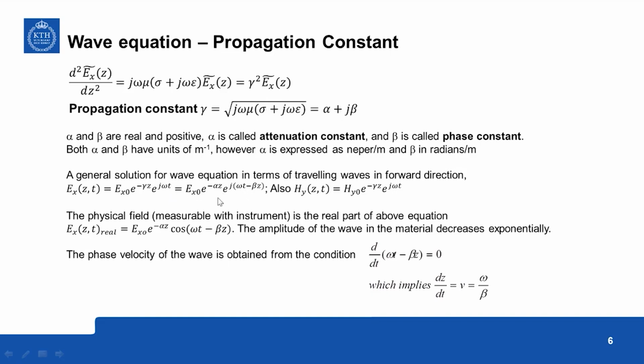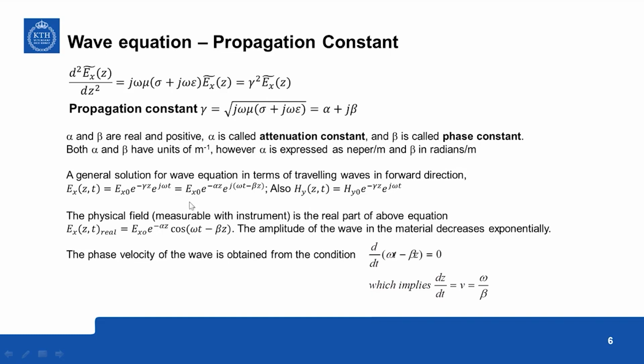So if you expand it, this part is the attenuation part, e raised to minus alpha z. Then you have a phase part also. Similarly, H can also be written in this manner.